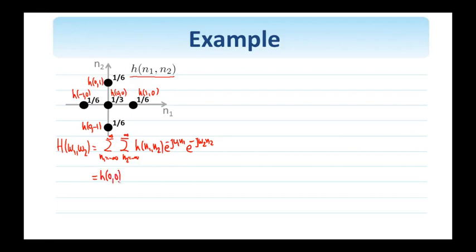So h of 0, 0 multiplied by e to the minus j0, which is 1, plus h of minus 1, 0 multiplied by this term, and now I substitute the given values of h. So this is 1/3, and all the rest are 1/6.